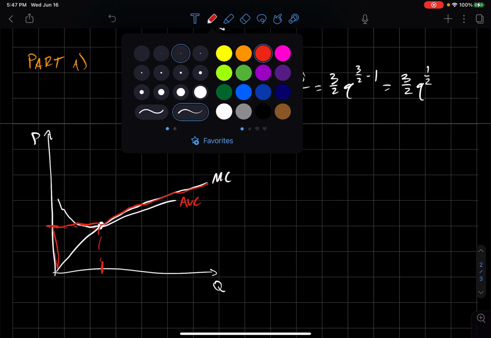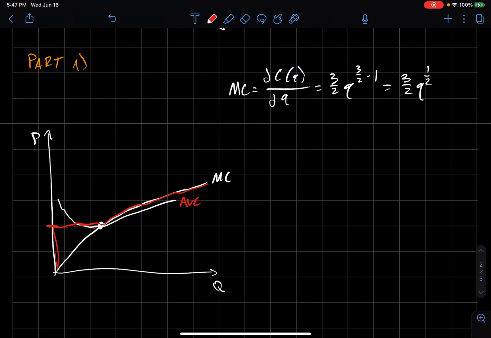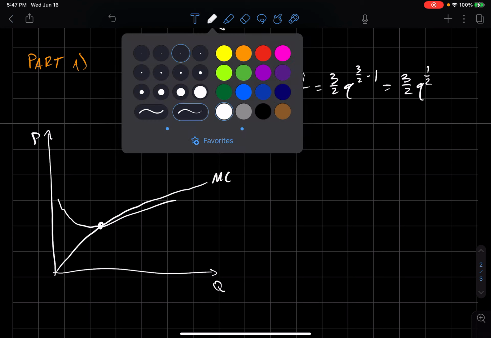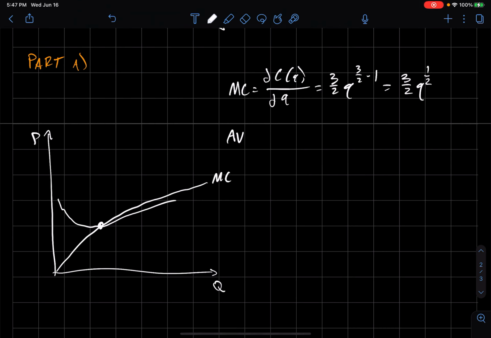So we want to make sure this doesn't happen. So the way we do this is just to check if this happens, and if it does, then where. So the way we do this is find the average variable cost and then compare it to marginal cost.